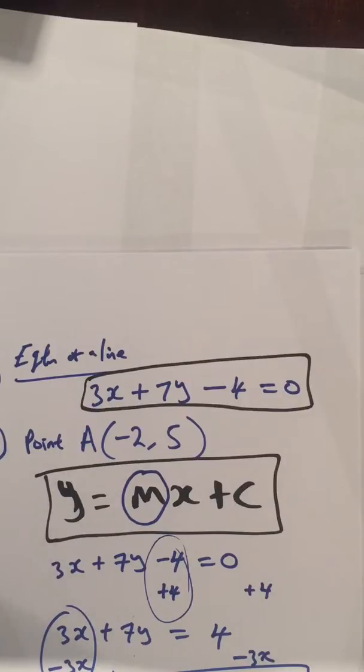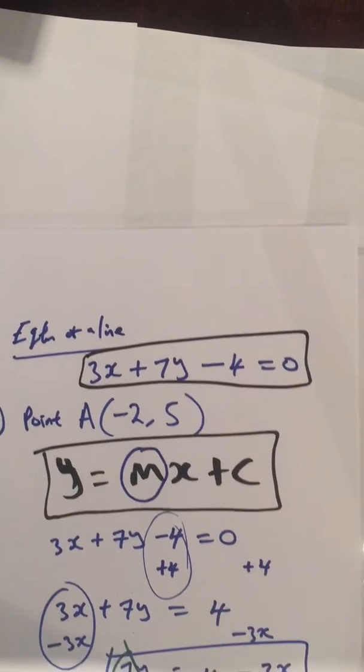So the only thing you can do is to do the opposite of multiplication, which is division. So we are going to now divide both sides by 7. It is when you try to do that that the 7 can be cut off. You're left with y on that side, and you're left with 4 minus 3x divided by 7 on this side.